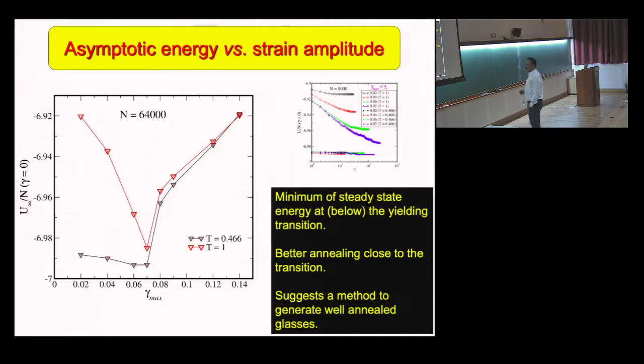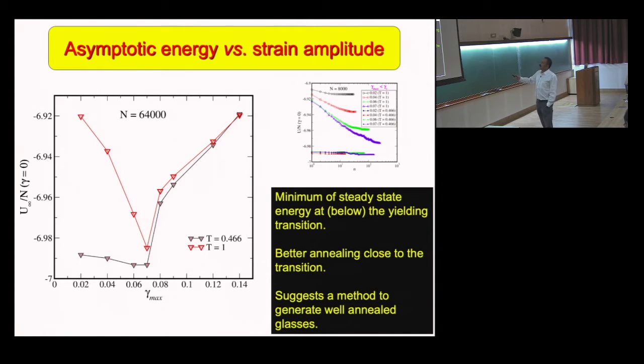In our initial study of yielding through this procedure of cyclic shear deformation, we found something interesting. If you look at what happens to the energy of the glasses as a function of increasing numbers of cyclic deformation, you observe that the energies change and go to some steady states. Here they don't quite go to steady states very convincingly, but this is just to illustrate that it changes with cycles.